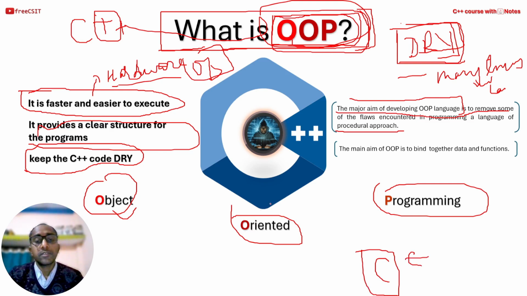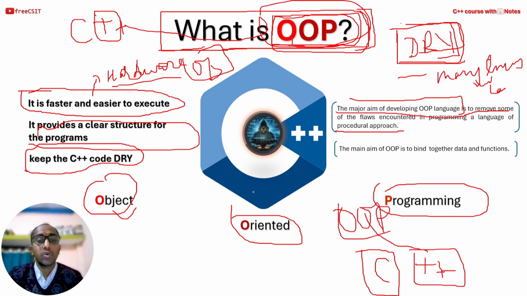And plus plus, you can say this plus is mentioned for that OOP concept, object oriented programming language: classes, objects, inheritance, polymorphisms, encapsulations. We will see in the upcoming slides.